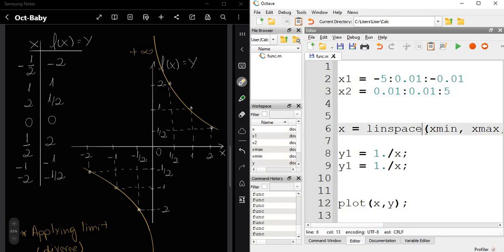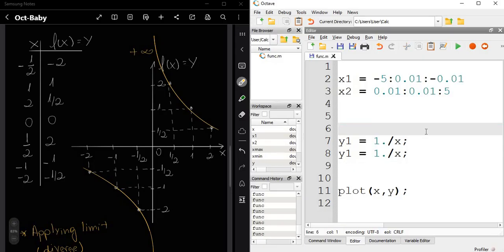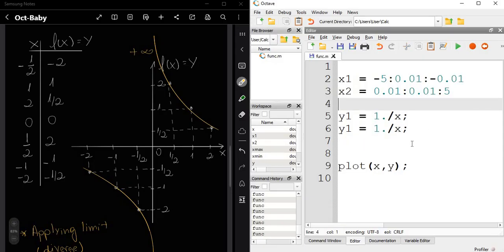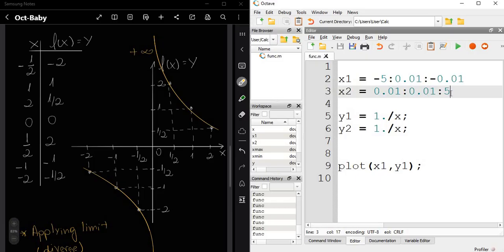As we are now specifying vectors, we don't need this linspace function anymore, so we can plot it. And let's just plot one function, because right now we have two functions, y1 and y2. Okay, let me see. I think it's this.